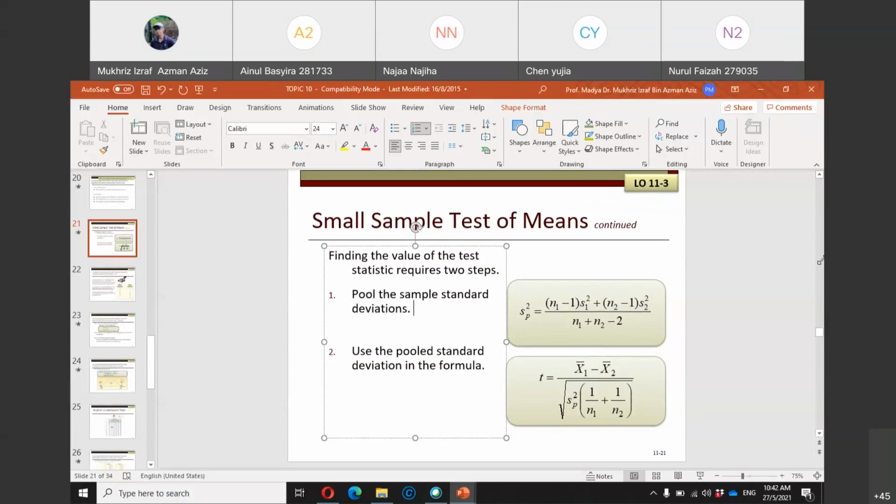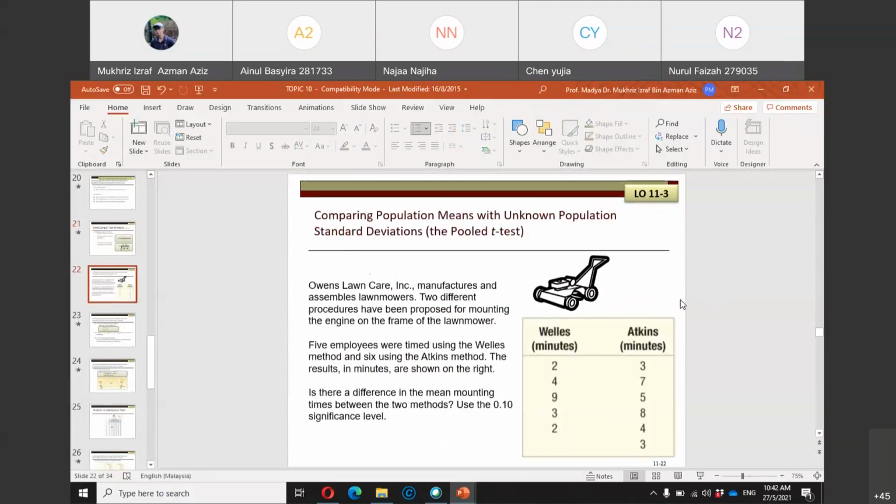And finally, let's see one example from this slide. You have one company manufacturing two different types of lawnmower.